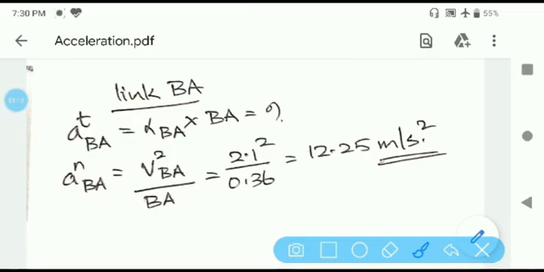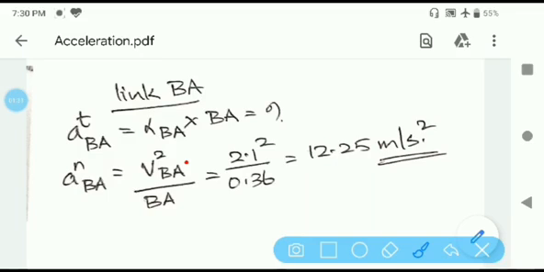Regarding the normal component of acceleration of B relative to A, that is given by the formula V square by R, where V is the velocity of B relative to A that can be obtained from the velocity diagram. We can measure the length of the line BA in the velocity diagram.